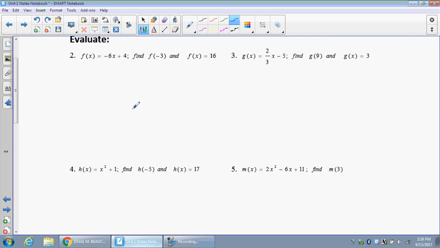Pause, try them, and then you can press play and compare answers, or let's get going and try them together. So f of -3, that's giving me a value for x, which means wherever I see x, I will plug in -3. So -6 times -3 plus 4, that's 18 plus 4, which is 22.